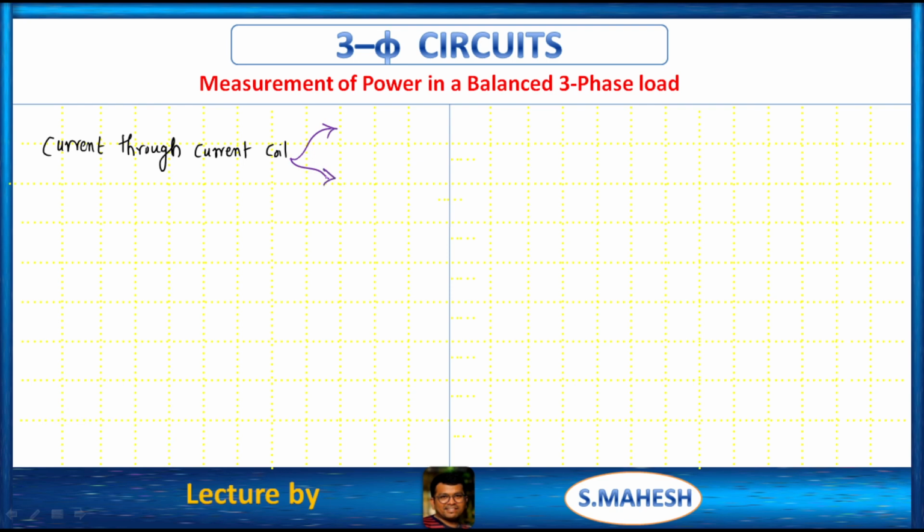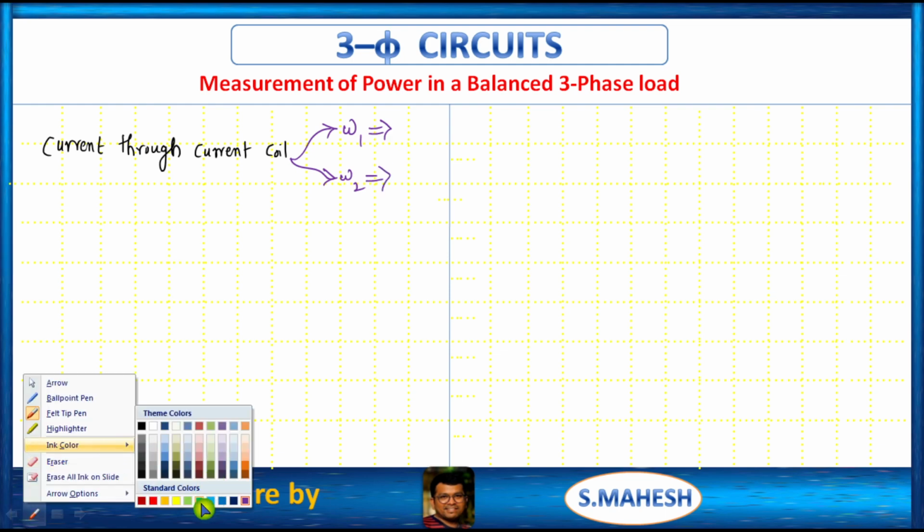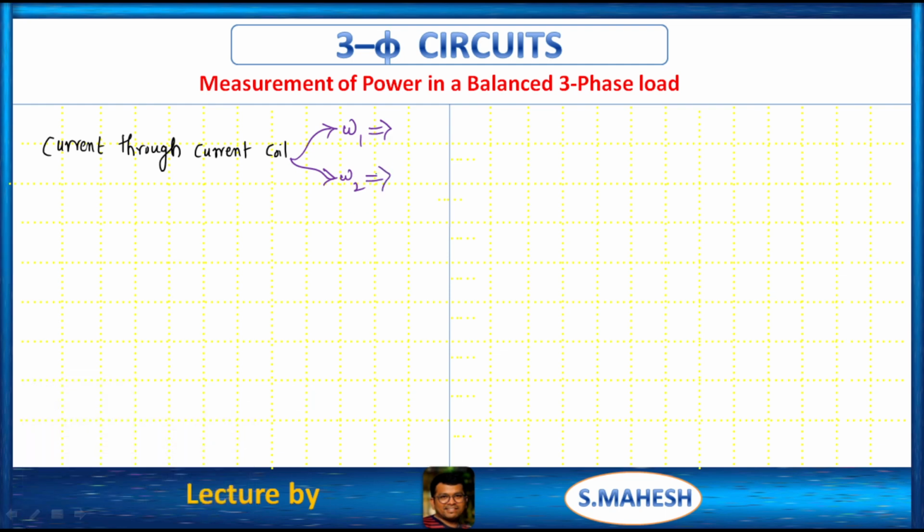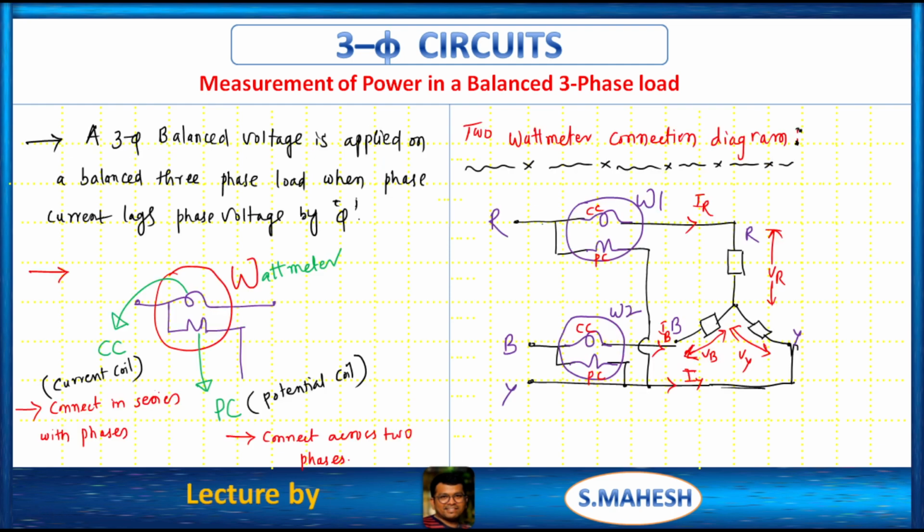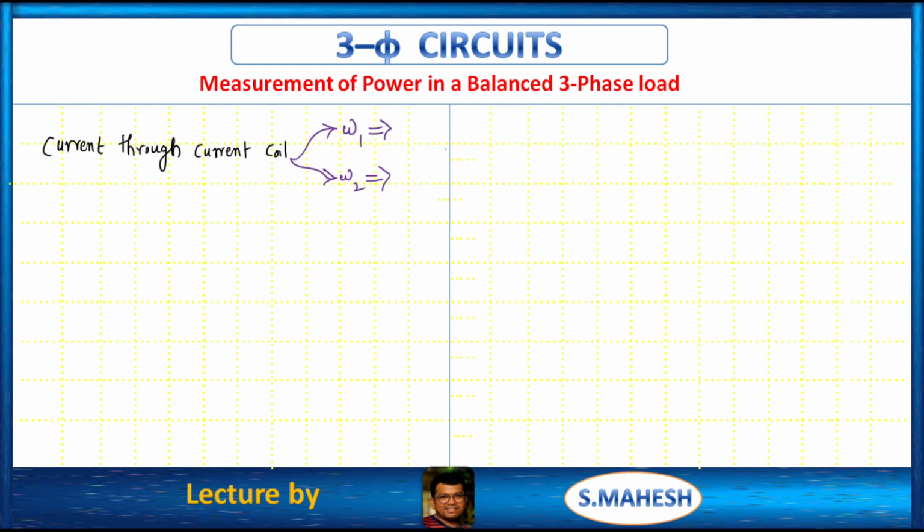We have 2 wattmeters. Therefore, the current through the current coil of wattmeter 1 is IR, and for wattmeter 2 it is IB.